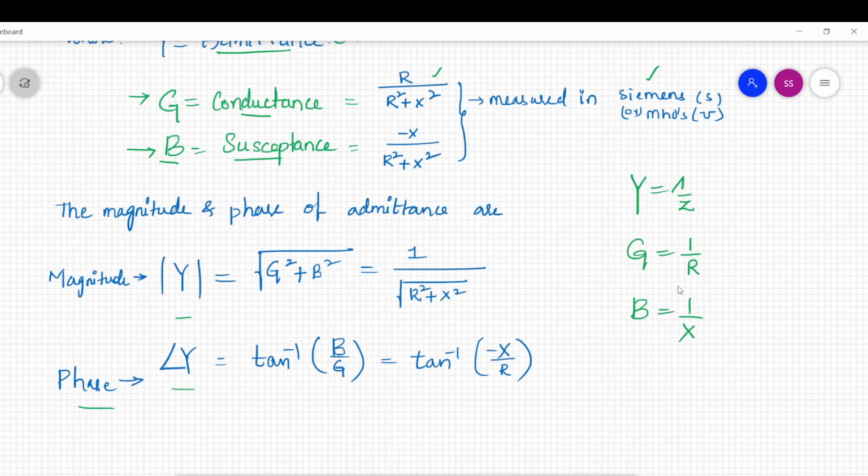So this is about admittance, conductance and susceptance. All three are measured in Siemens or mhos.